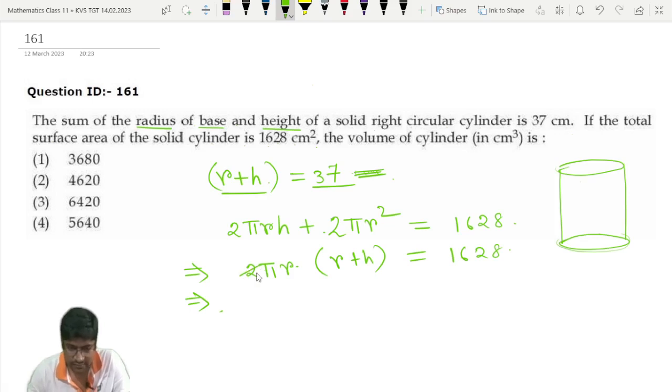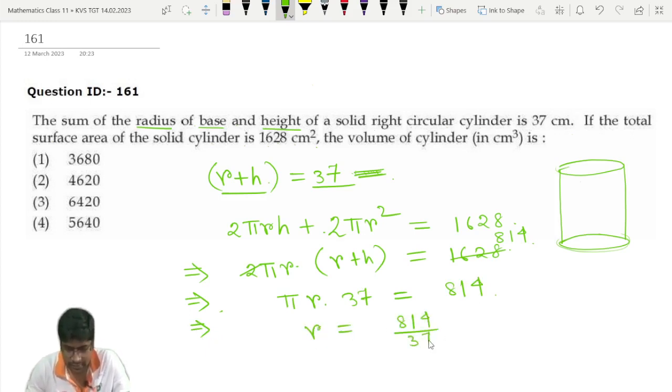First let me cancel this 2. 2 8 16, 2 1 2 4 8 14. So pi r into 37 is equal to 814. Now r is equal to 814 divided by 37 divided by pi, that means 7 by 22.